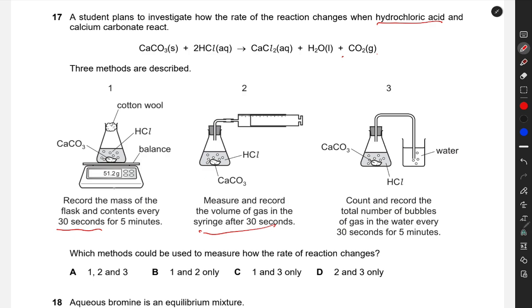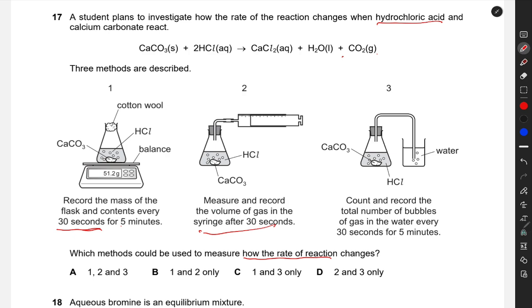In this method, record the mass of the flask and contents every 30 seconds for 5 minutes. And this one measures and records the volume of gas. He asked which method could be used to measure how the rate of reaction changes with the passage of time.